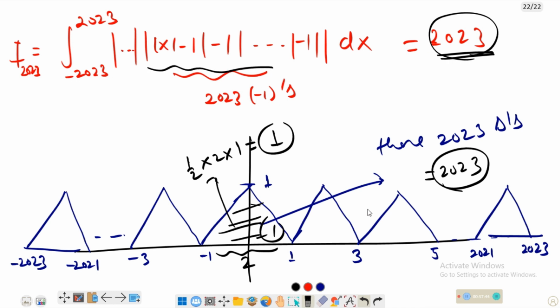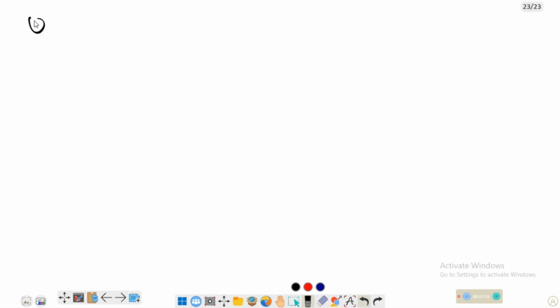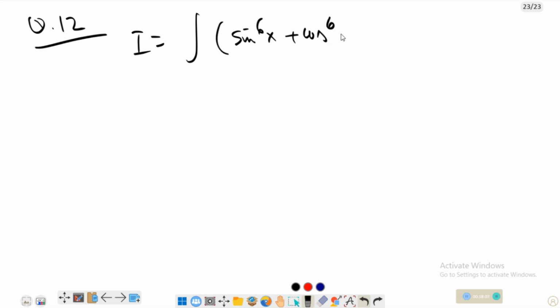So we come to the next question, question number 12. I is equal to the integral of sin to the power 6x plus cos to the power 6x plus 3 sin square x cos square x dx.